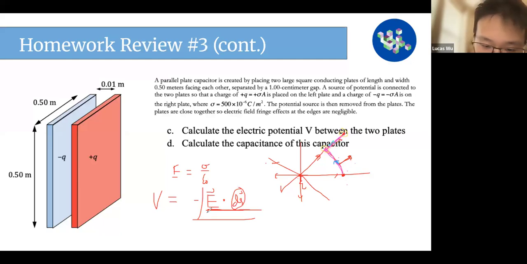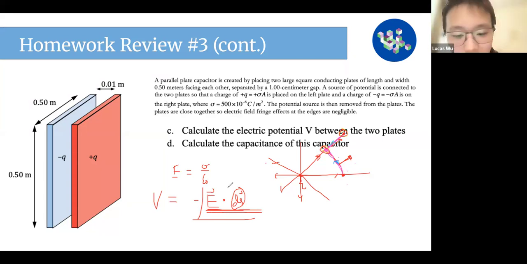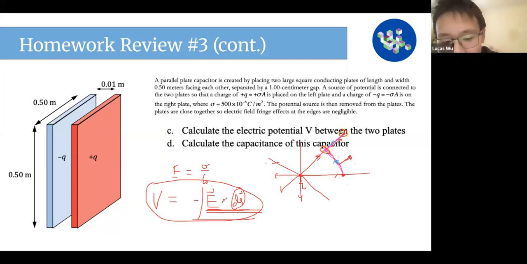So this E dot ds is not 0 anymore, which means there's going to be a non-zero potential difference between here and here. You should always keep in mind that when you're writing the integral for the potential difference, the E and the ds, or dr, or whatever dx you use, both of them are vectors and you're taking the dot product between the two.